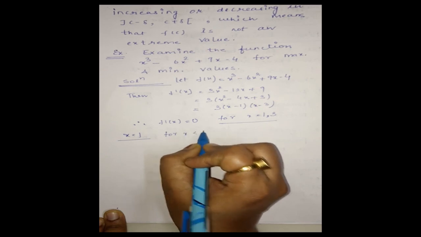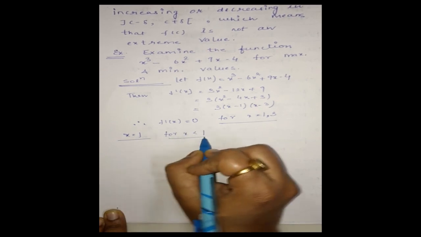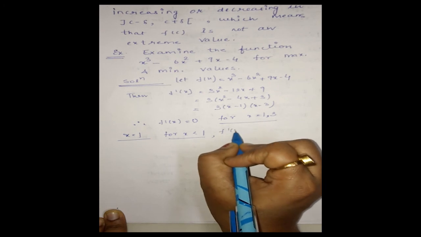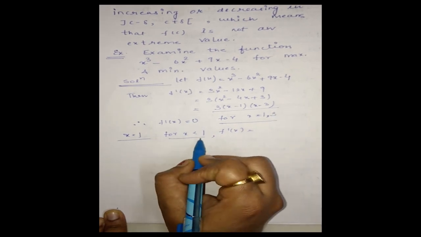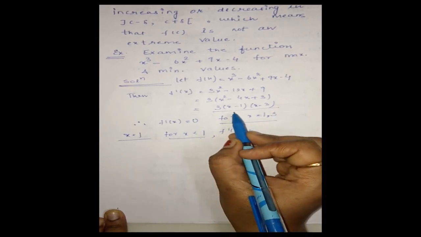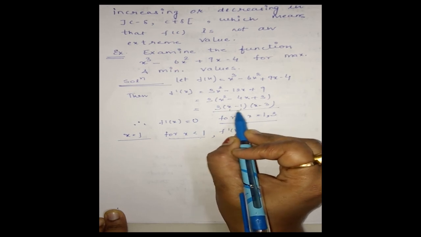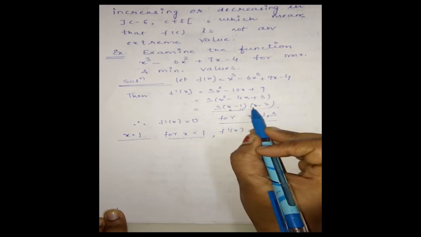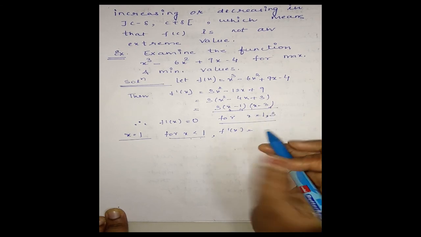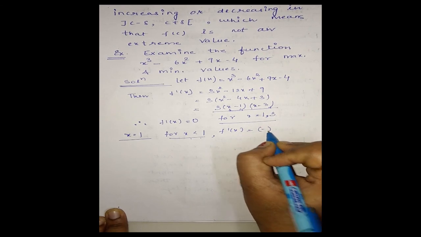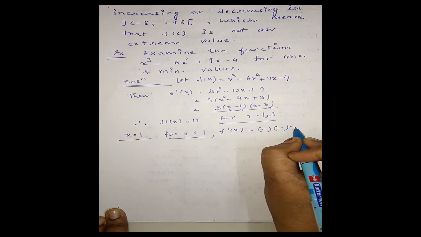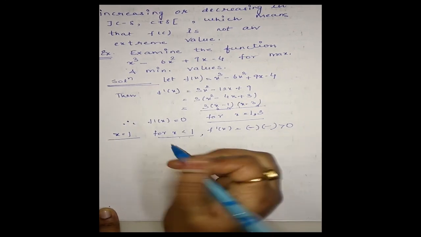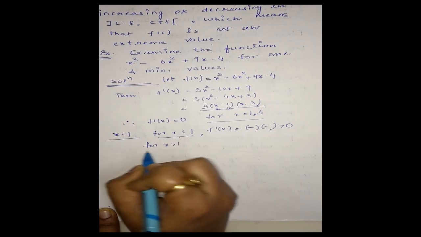For x less than 1, f'(x) is 3(x − 1)(x − 3). When x is less than 1, x − 1 will be negative, and x − 3 will also be negative. That means f'(x) is some negative value into negative value. Negative into negative will be positive. Clear?